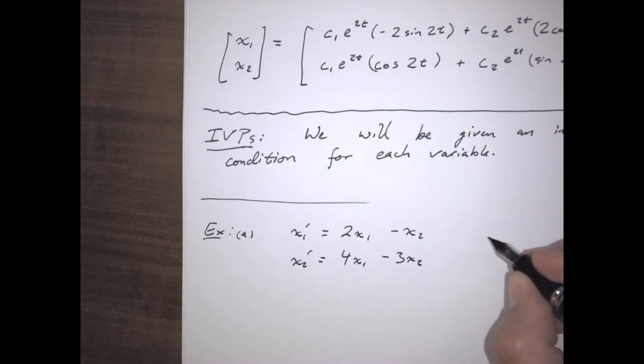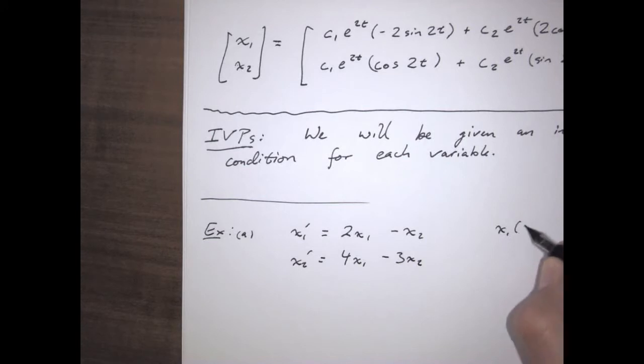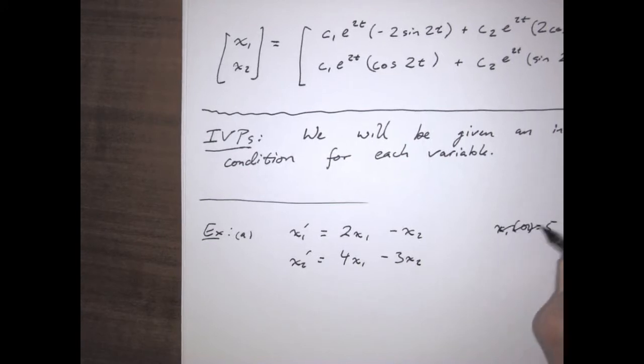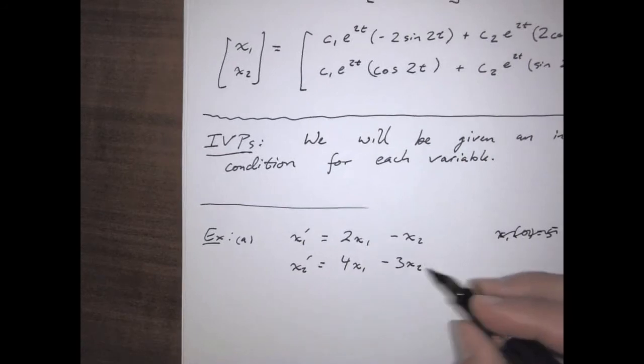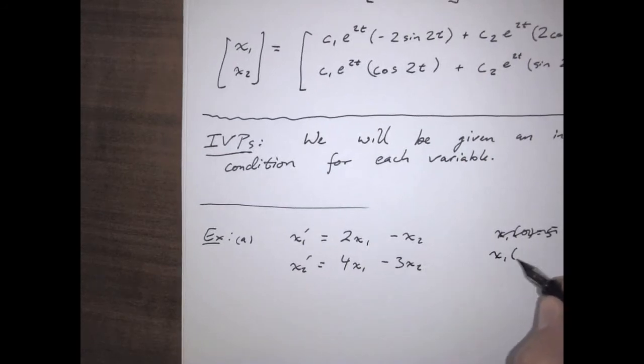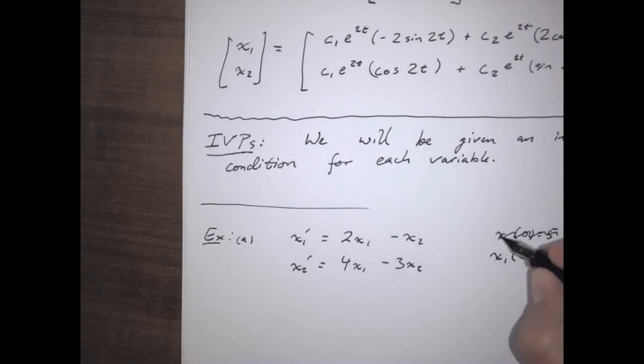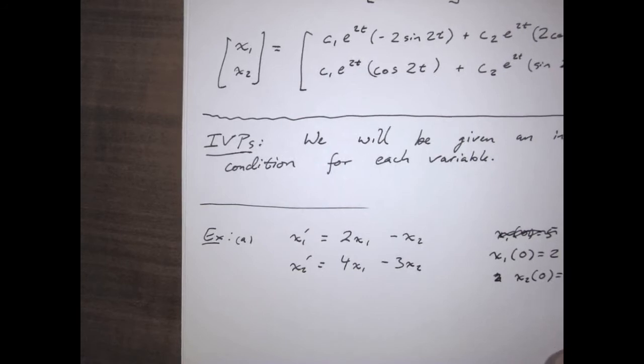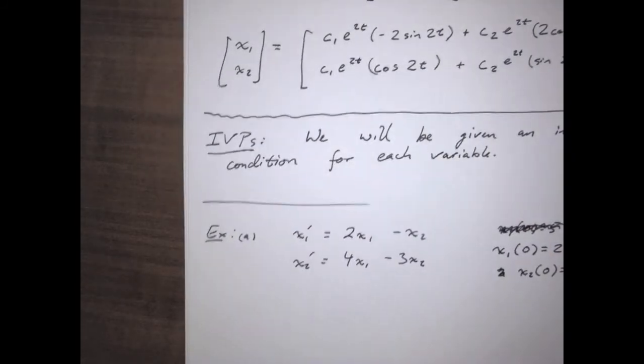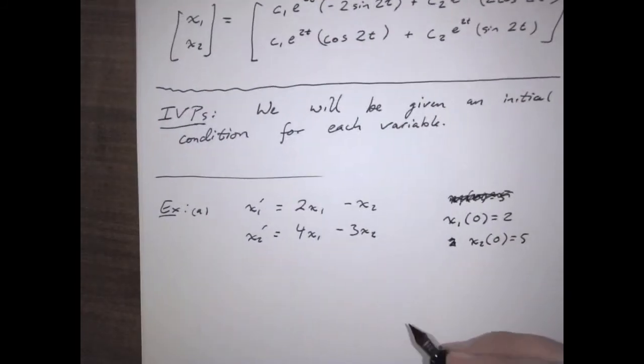And then initial conditions: x1 of 0 equals 2, x2 of 0 equals 5. Okay, so these are the initial conditions. Those are the differential equations.